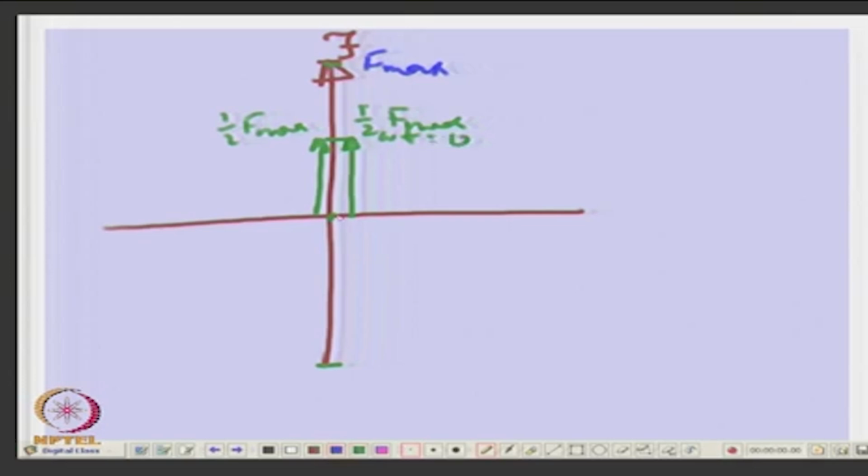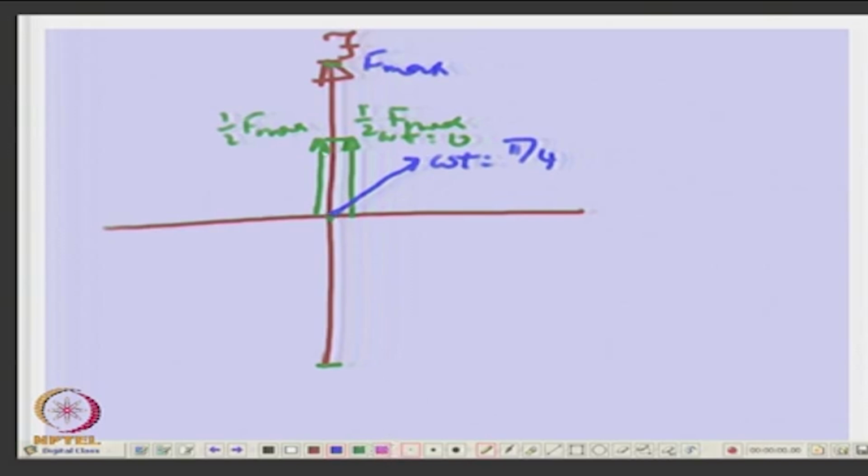Now, what will happen at omega t equal to 45 degrees, equal to pi by 4, say? It shifts because it has moved forward. So, this vector which was here has moved here, and this vector has moved back, let us say.